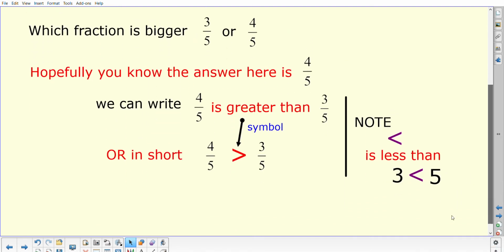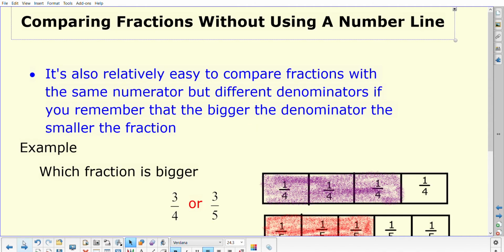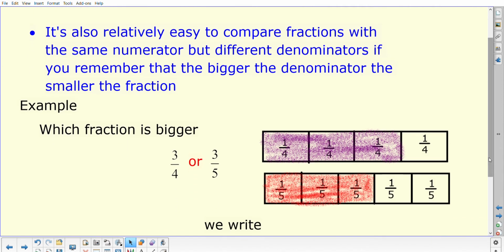So if we look at another example, what we've just said is that it's easy to compare fractions when the denominators are the same. If the numerators are the same, it's relatively easy to compare as long as you can remember that the bigger the denominator, the smaller the fraction. If you visually think about this, take a bar of chocolate divided up into 4 pieces, each piece is a quarter.